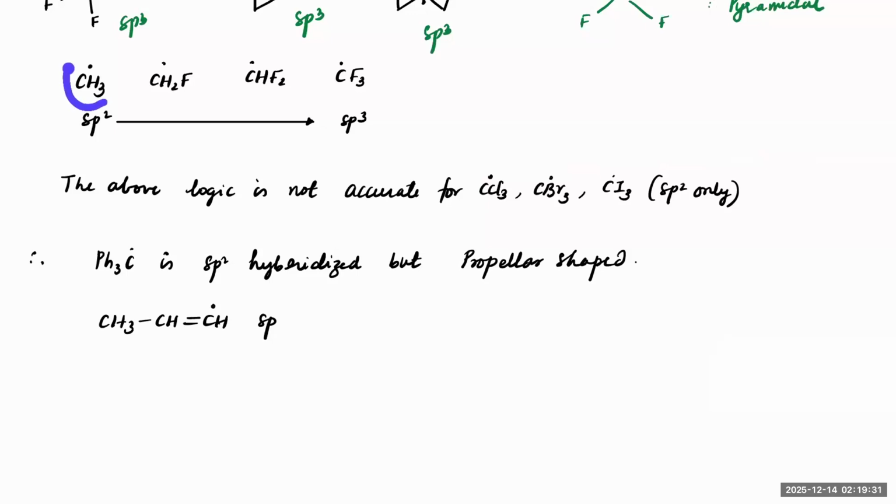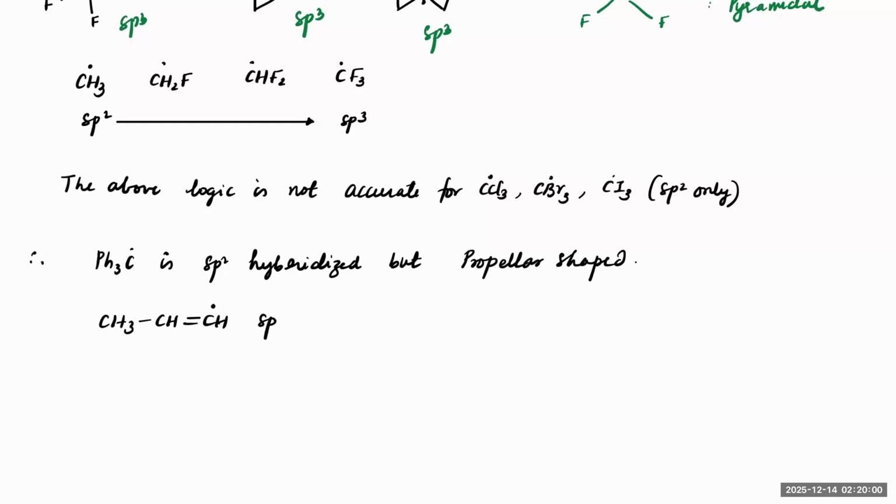Why? See, as the number of fluorines increases, the withdrawing power increases. So to sustain that high withdrawing power, this carbon has to be hybridized. So instead of staying unhybridized, this CF3 dot will have a hybridized carbon. So you'll have sp3, sp2 going all the way towards sp3.